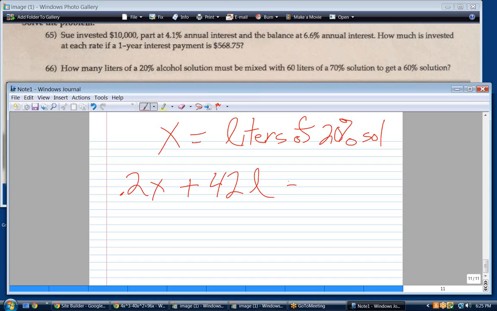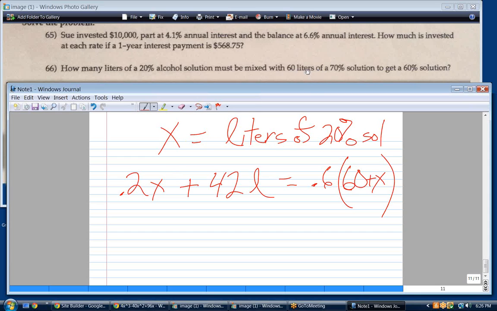And to get a 60% solution, that would be 0.6 times the total volume, which is going to be 60 liters plus X. Remember the amount of liters that I'm going to add to 60 liters.